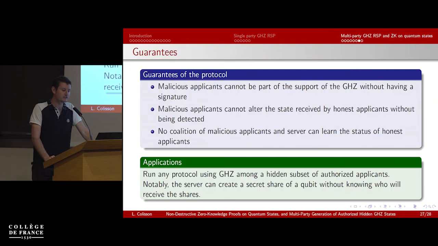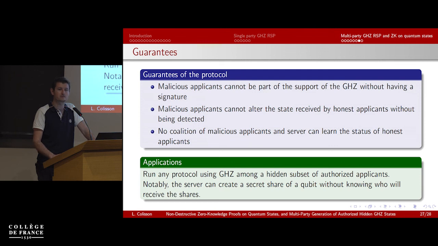So now we have some guarantees on this protocol. So first, the malicious applicant cannot be part of the support of the GZ state without having a signature or a password, because the server will check that the proofs are correct. Malicious applicant cannot alter the state, because the only person that is actually playing with the quantum state is server Bob.